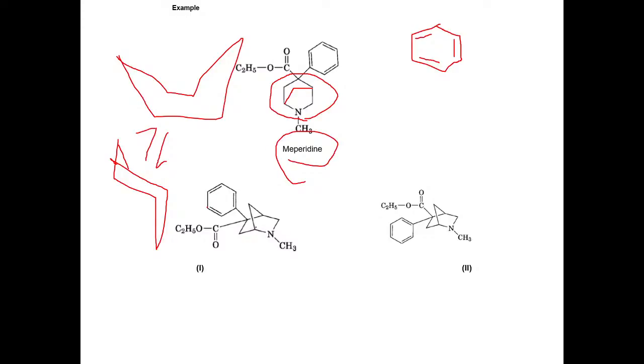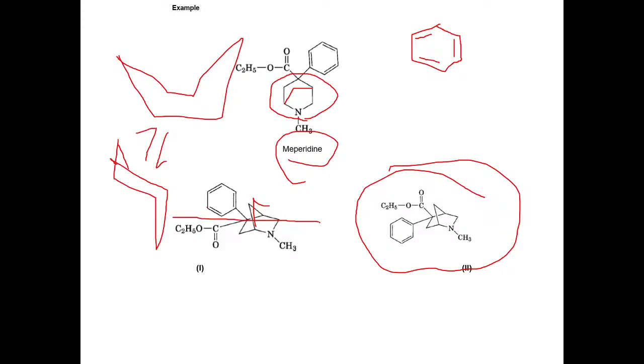You can see the bridge in this first structure. Due to that, you can create two conformations, one where benzene is below the plane and the other where benzene is above the plane.